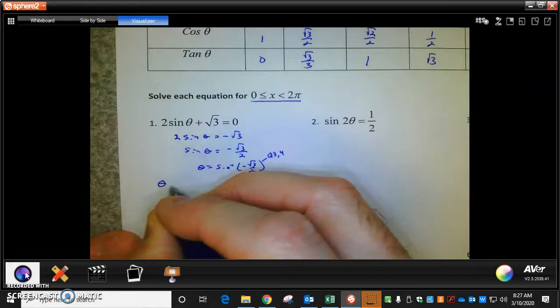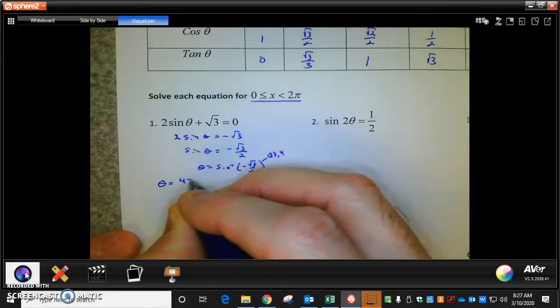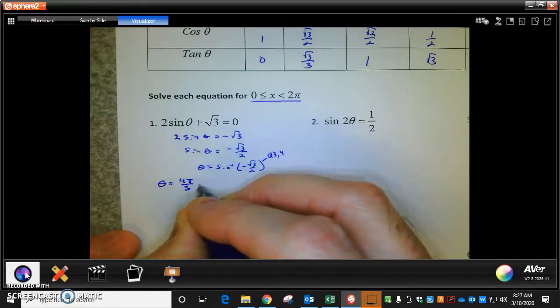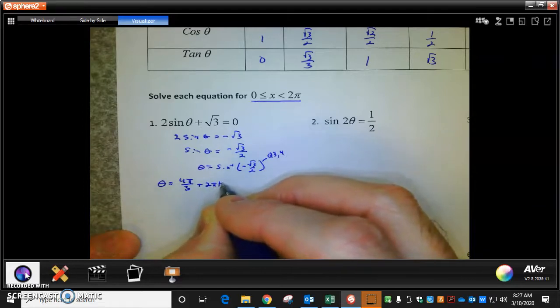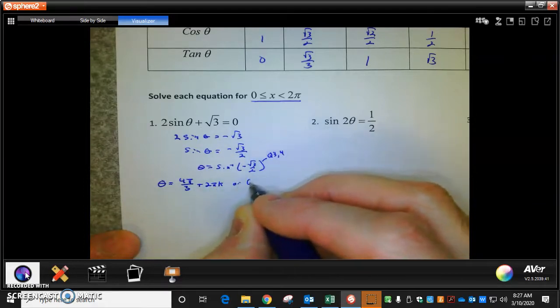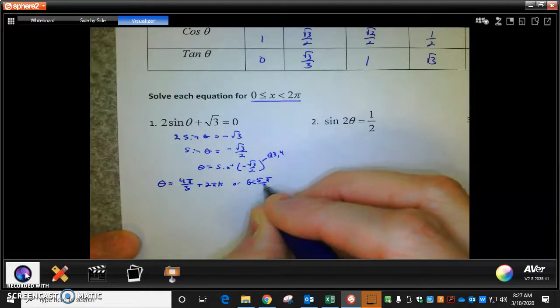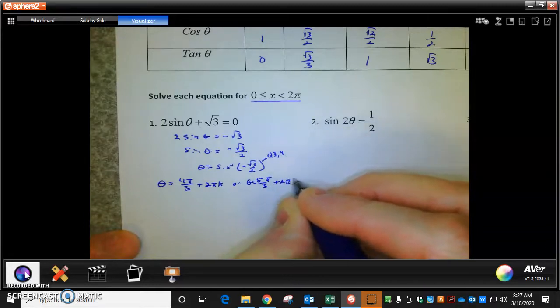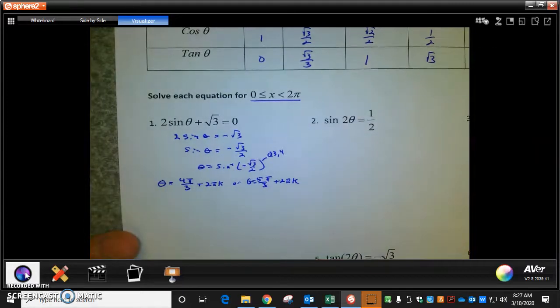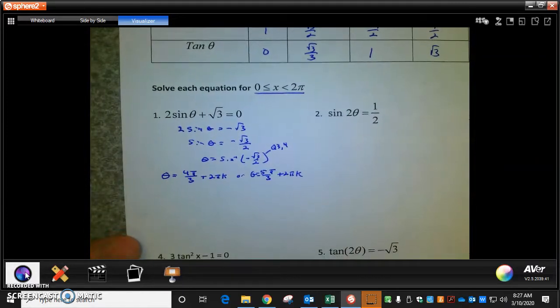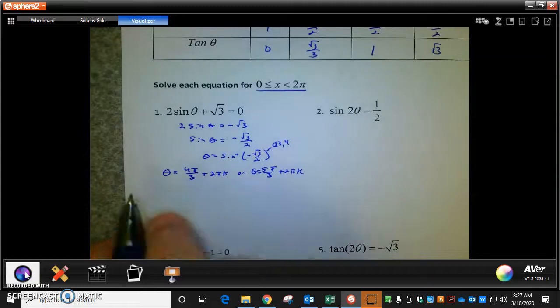So theta equals 4 pi over 3 plus 2 pi k, or theta could equal 5 pi over 3 plus 2 pi k. Now, for this problem, though, we only want answers that are within one revolution.